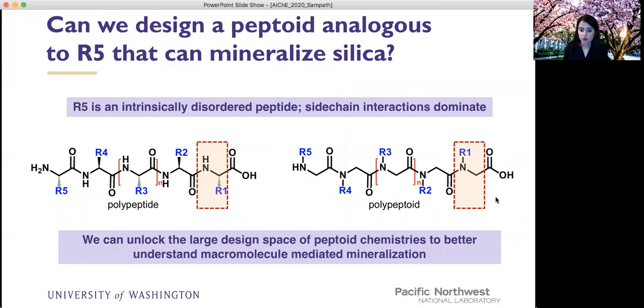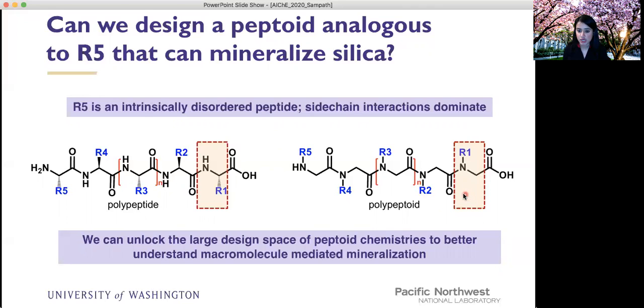And so the overall goal of studying biomineralization is the ability to control it and to understand how a certain molecular sequence can lead to a specific mineral morphology. In this regard, peptoids or N-substituted glycines are ideal candidates to understand structure-function relationships because of the diversity of side chain chemistries accessible through peptoids.